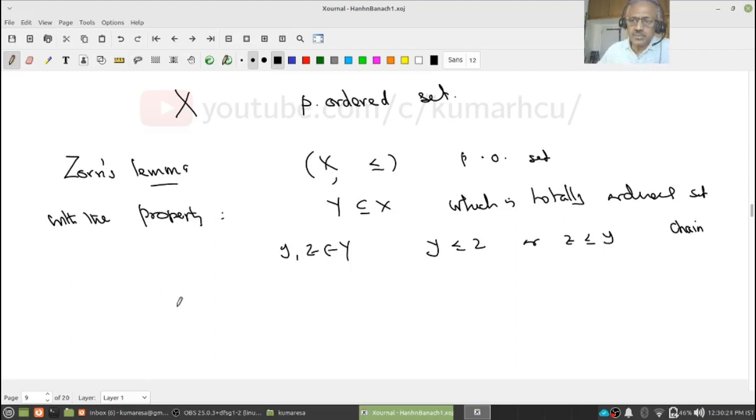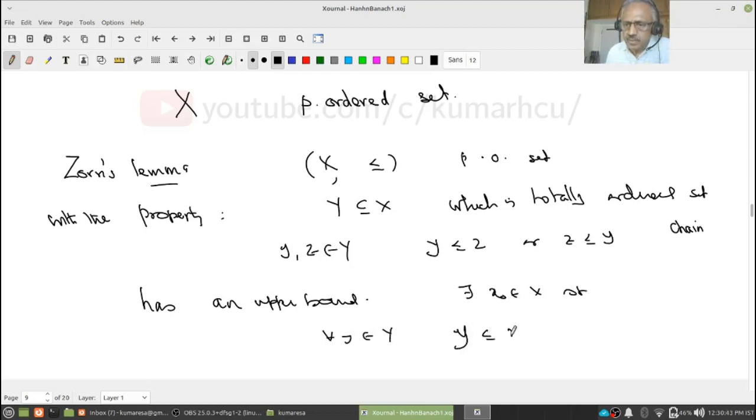Then any such totally ordered set has an upper bound. What does that mean? That means there exists an x0 in X such that for all y in Y, y is less than or equal to x0. You see this upper bound, because y is less than or equal to x0, therefore x0 is an upper bound for every element of Y. Yeah, please understand.